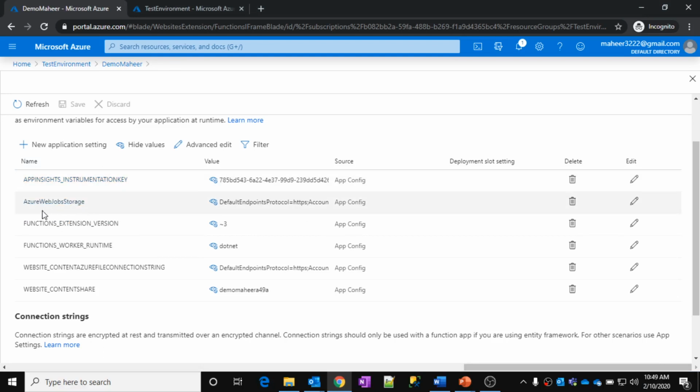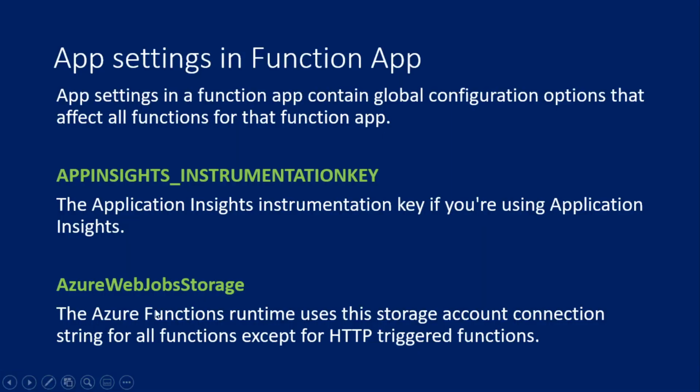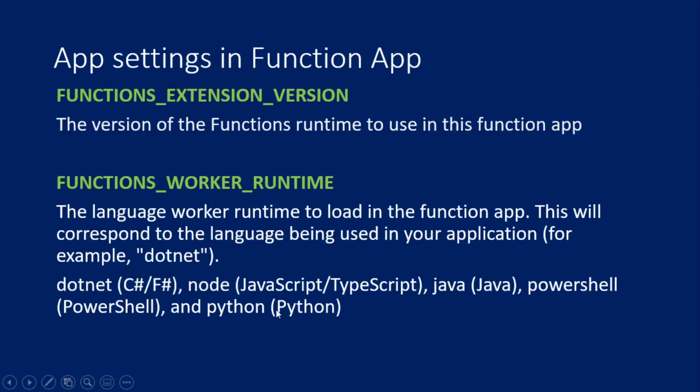The second thing is Azure Web Jobs Storage. This app setting holds the connection information related to the storage account which you created for your function app. If your functions are HTTP triggered, then this setting is optional. It's not required actually.